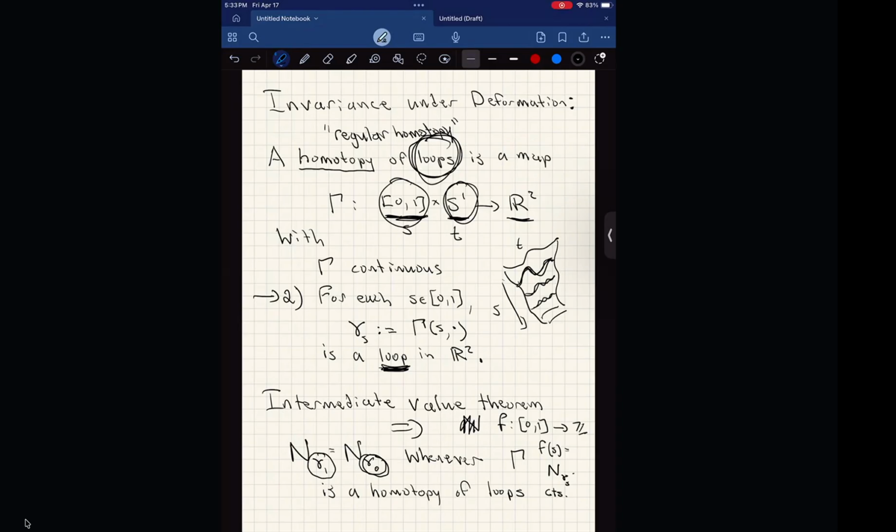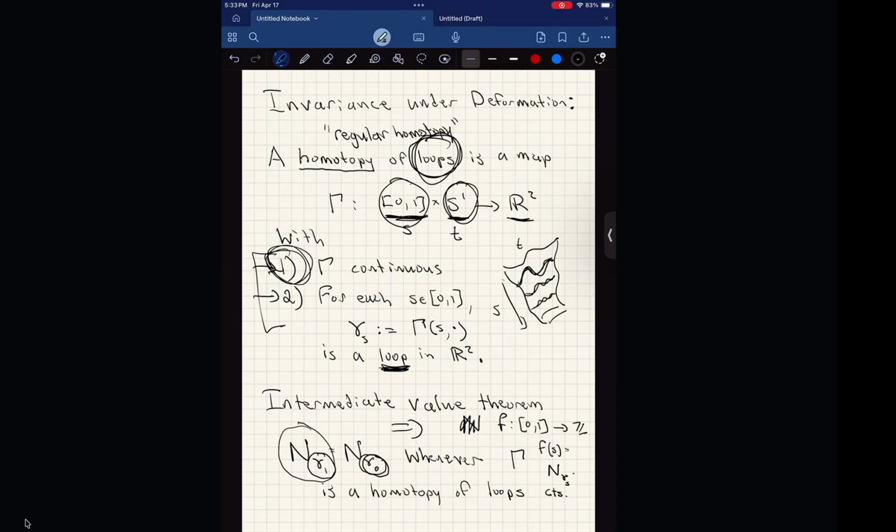So property 2 ensures that you can actually make sense of these rotation numbers for each s. Property 1 says that this function f, as defined here, is continuous.